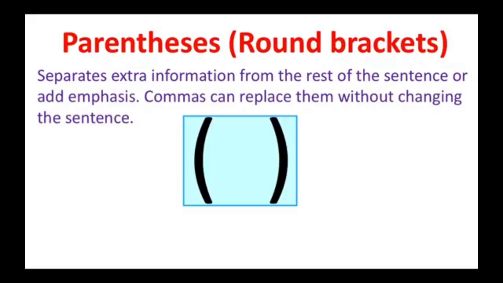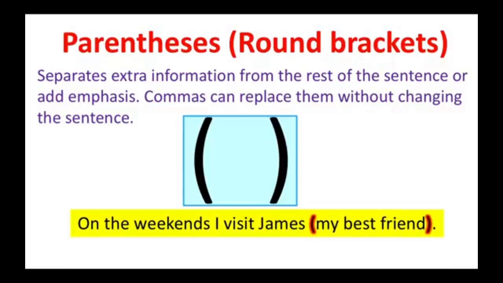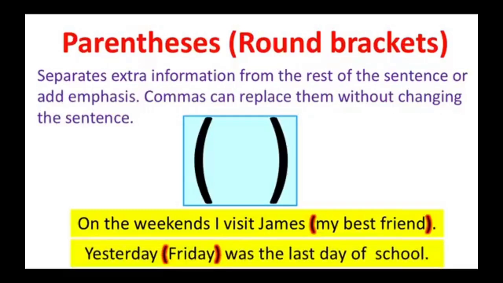For example, on the weekends I visit James (my best friend). Yesterday (Friday) was the last day of school. These are both examples where round brackets are used to separate the extra information within the sentence.